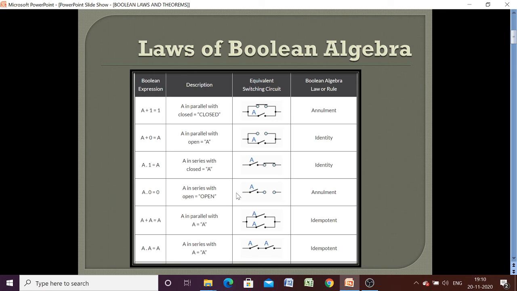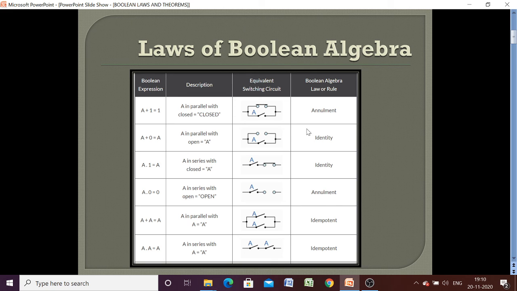The second part of the annulment law says that if a logical variable is ANDed with 0, the output will also be 0. Logical addition is called OR and logical multiplication is called AND.